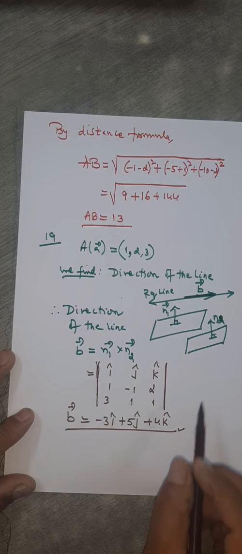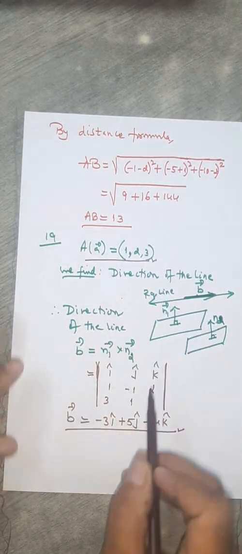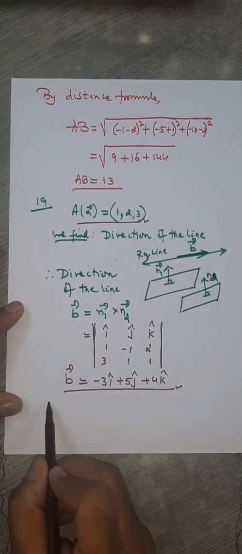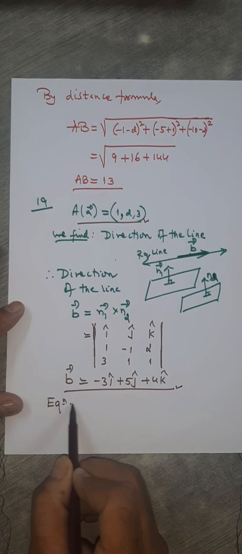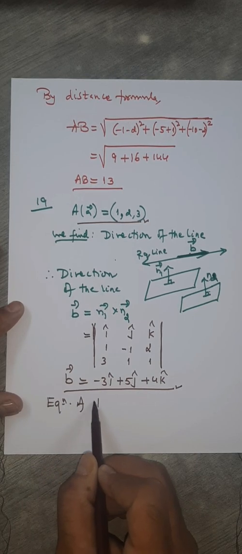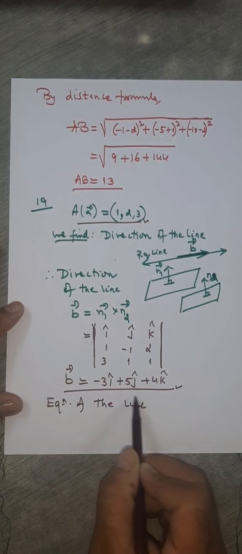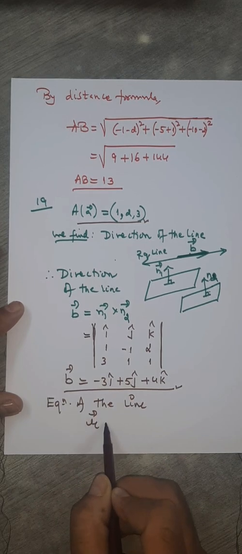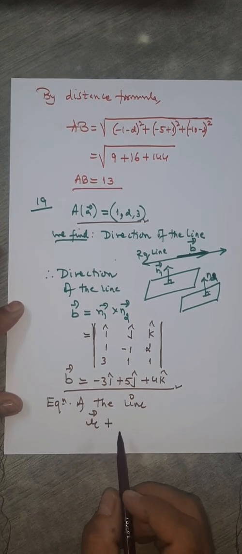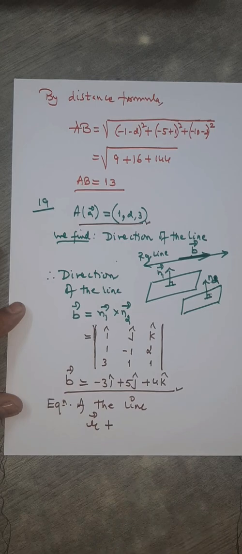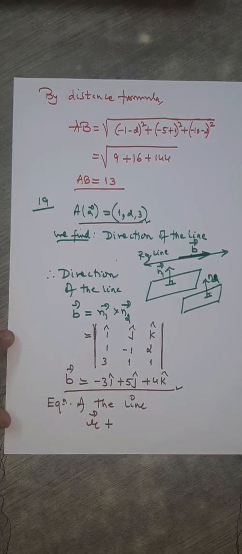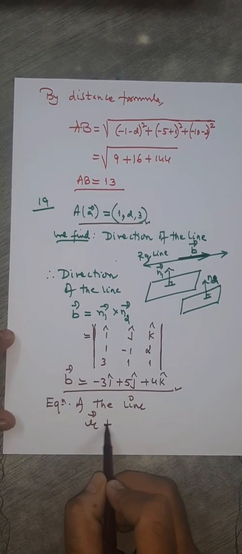We have direction, we have fixed point. So you can write the equation of the line, beginning of this chapter. So equation of the line in a vector form, sorry, we are writing line.